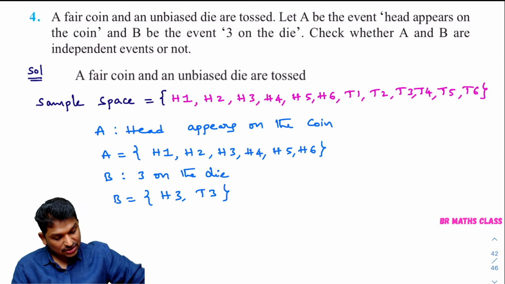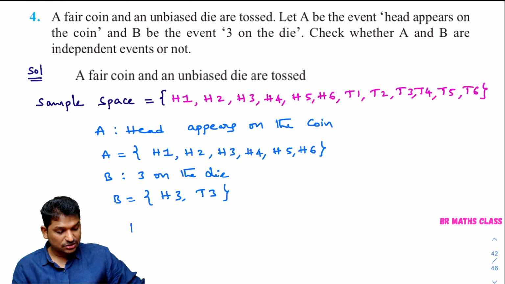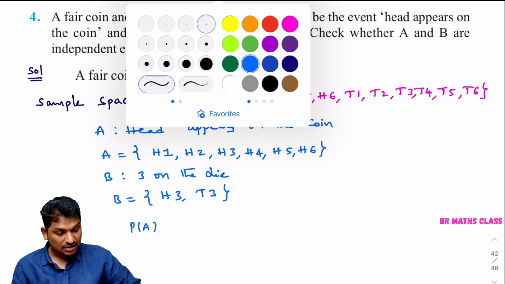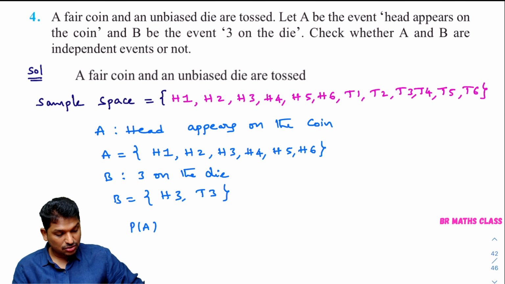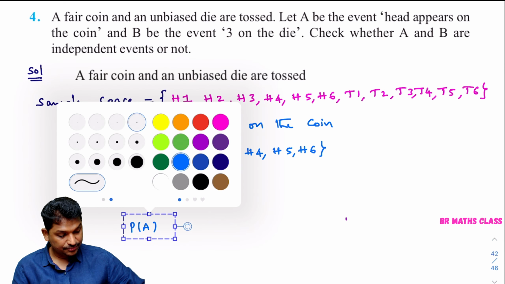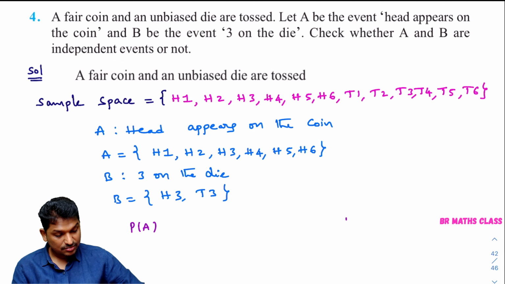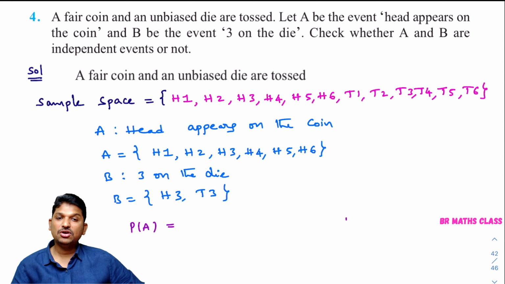Okay, so what I'll do here, I'll calculate probability of A. How to calculate probability of A? Actually, it is very easy. Number of favorable results divided by total number of results.